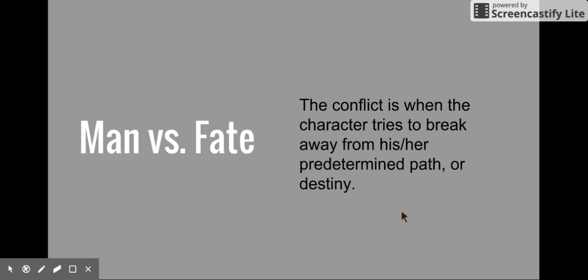So this is when a character is trying to break away from his or her destiny, his or her fate or predetermined path. We may not all believe in fate or destiny. However, oftentimes we see this in literature where they are predetermined to become something or to follow in a particular path, and they're trying to break away from this.